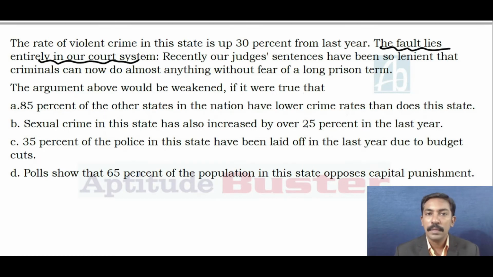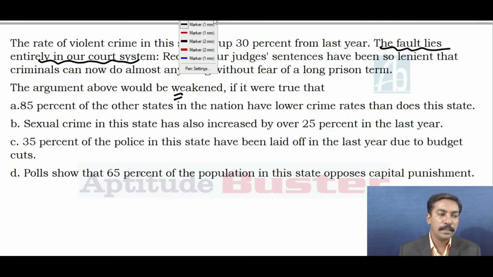So the claim of the text is crime rate has gone up due to weak judiciary. The question asks you to weaken the argument. The question reads, the argument above would be weakened if it were true that. So you need to identify a choice that would weaken the argument.